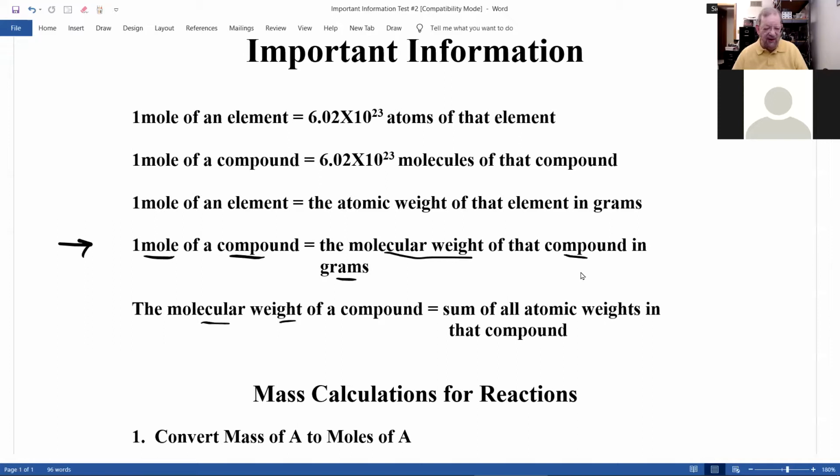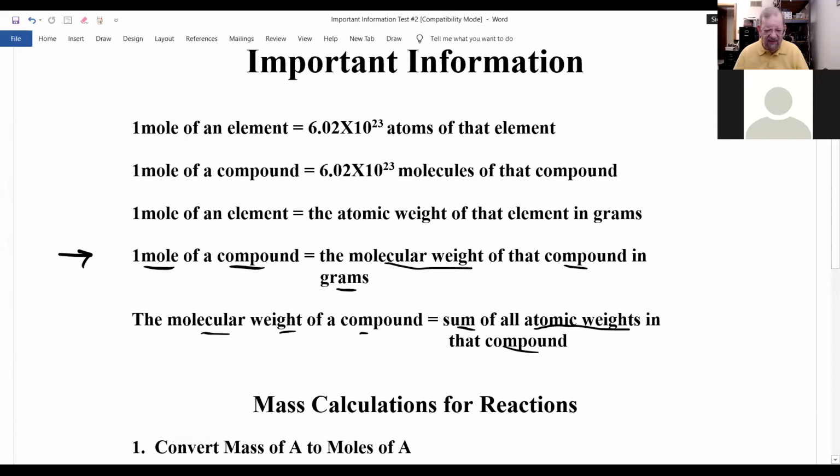The molecular weight of that compound is the sum of all atomic weights in that compound. So for every 1 mole, I have the molecular weight of that compound in grams, and the molecular weight of the compound is the sum of all atomic weights. Therefore, I can go back here.